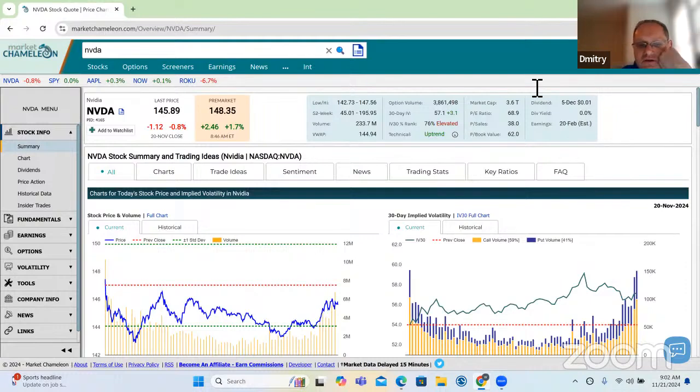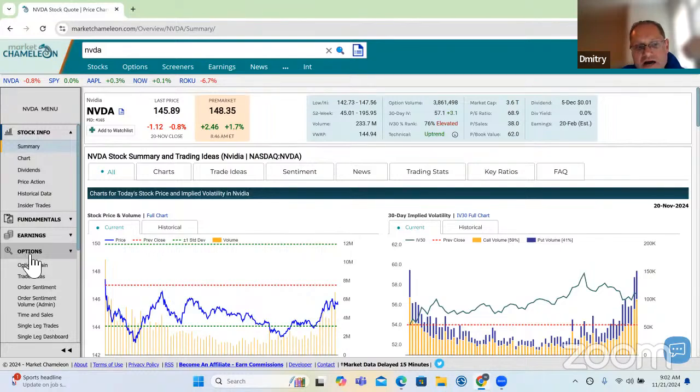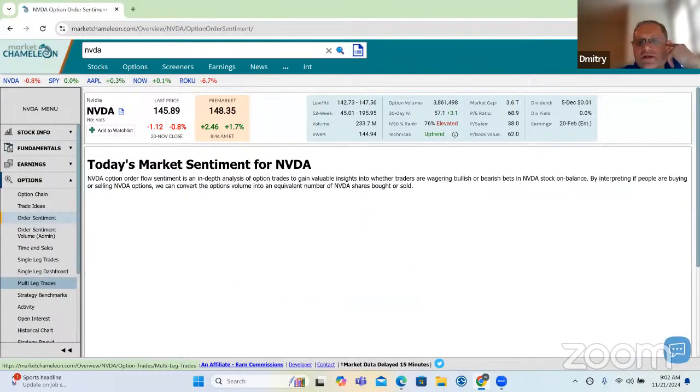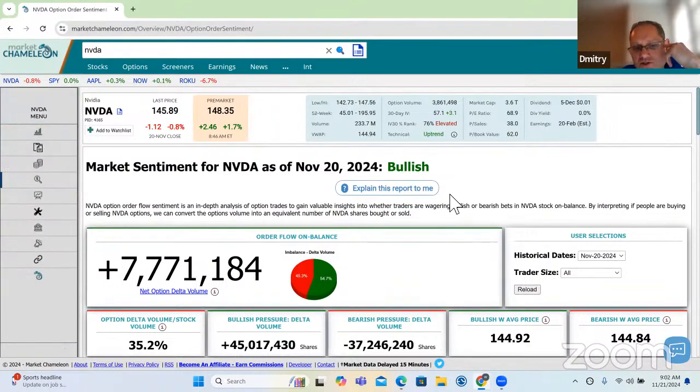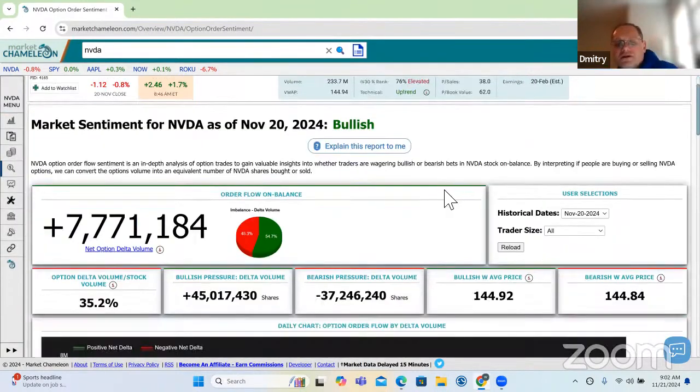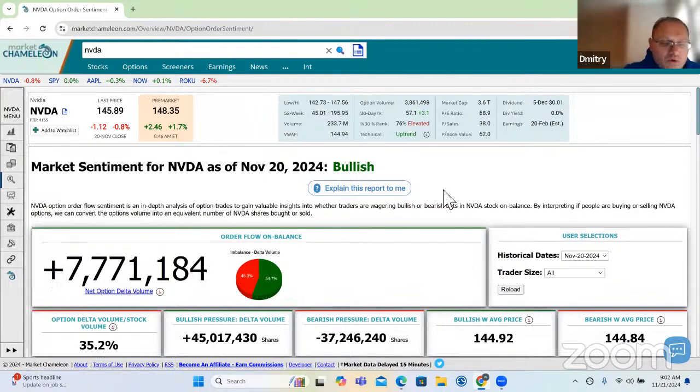If you go on the left-hand side under the menus, under options, the order sentiment, you'll land on this option order sentiment report. I'm going to close the menu just to expand the screen.